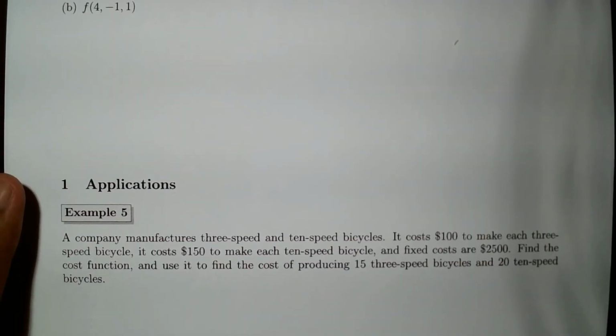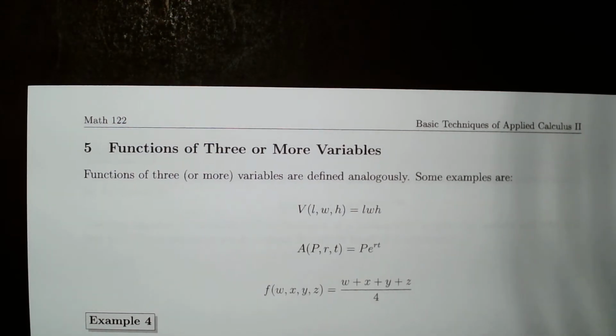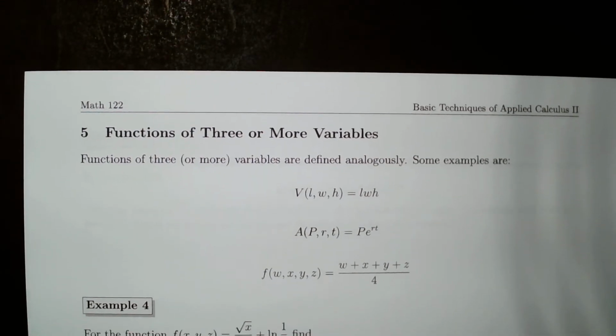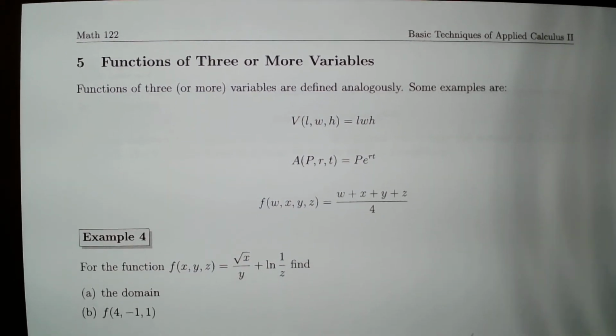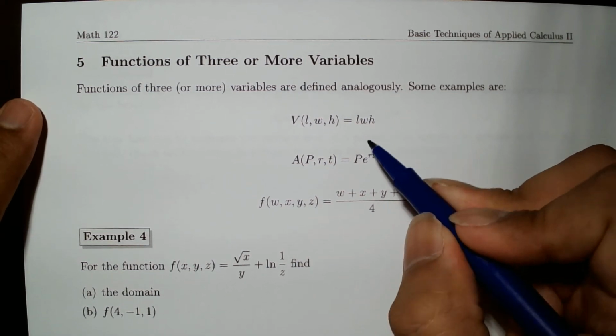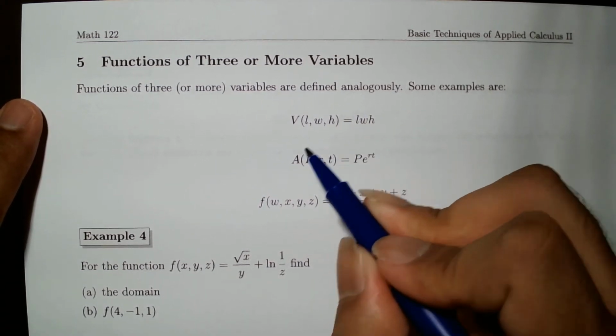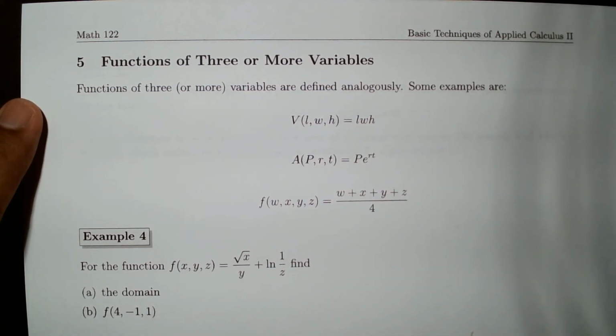In this case, we cannot just have functions of 2 variables. We can have functions of more variables, like 3 variables, 4 variables, as many variables as you want. For example, these are functions of 3 variables and 1 function of 4 variables.